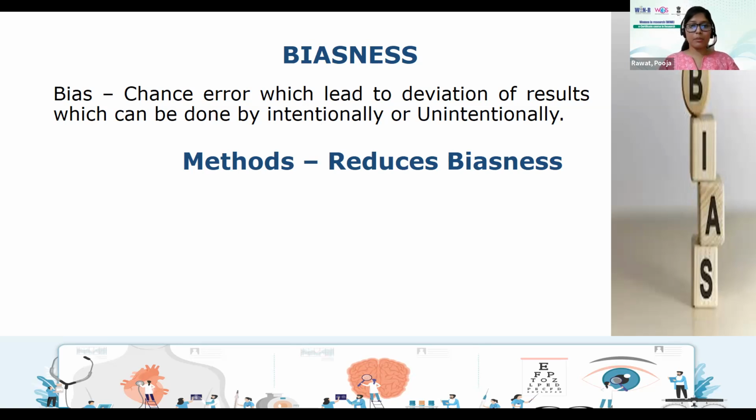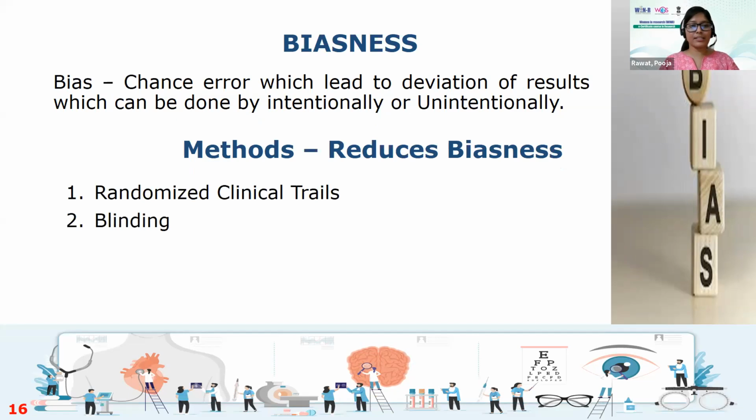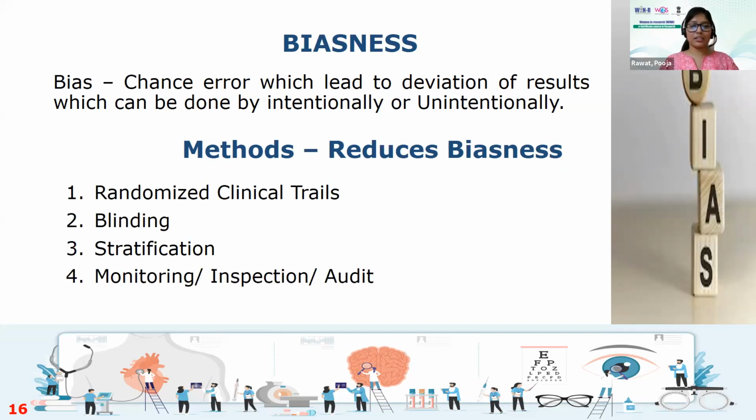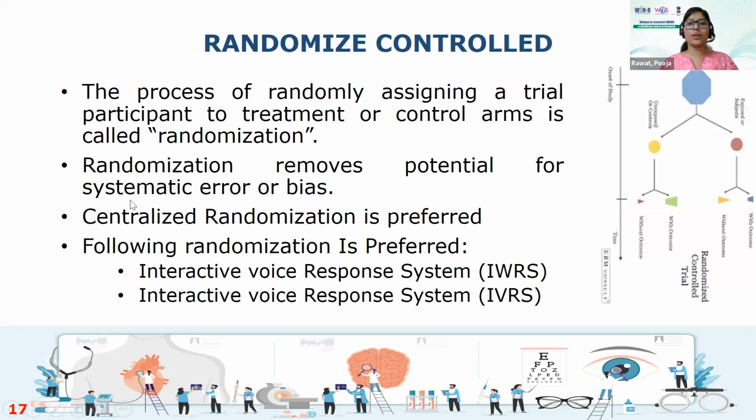So coming to the methods of reducing bias: randomization in clinical trials, blinding, stratification, monitoring, inspection, and audit. These are the different methods. Coming to the randomized controlled trial.